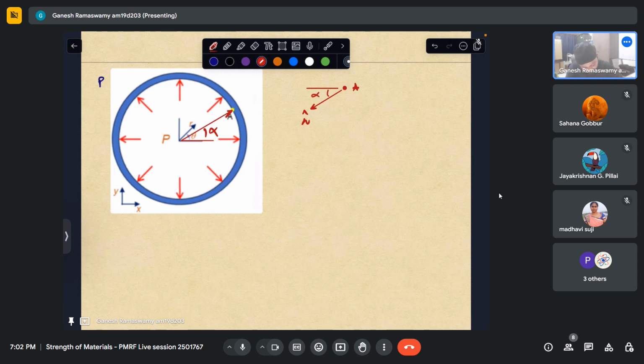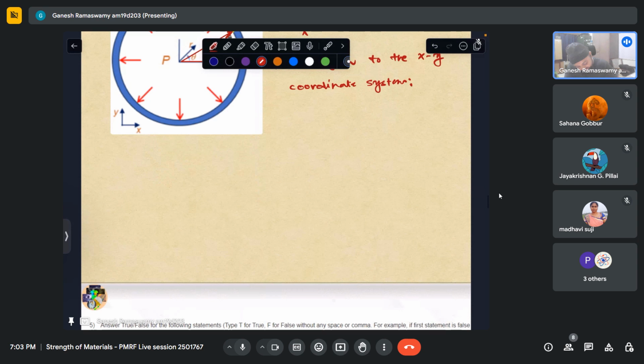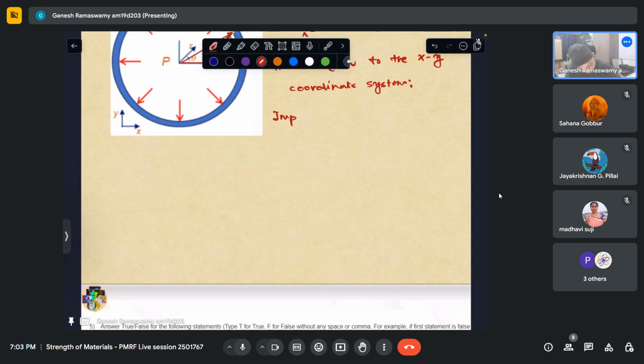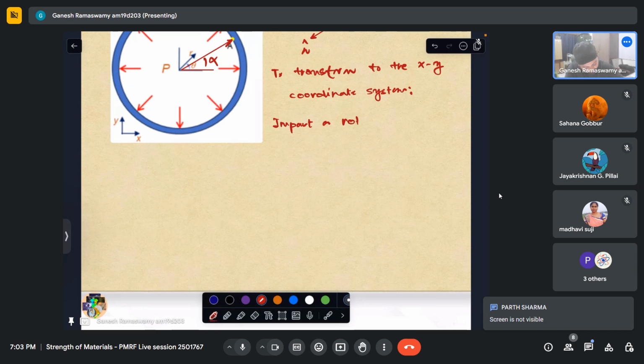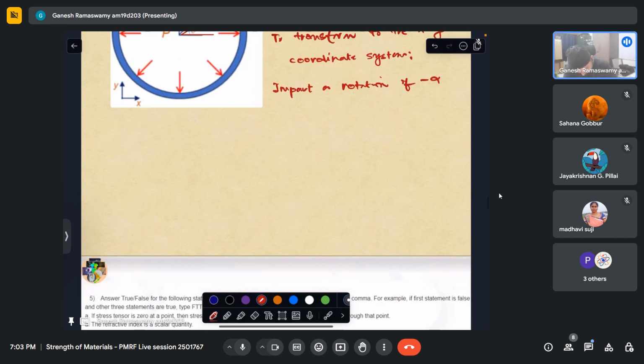So to transform to the xy coordinate system, we essentially have to impart a rotation of minus alpha, right? So what do we know about sigma xx, sigma yy?